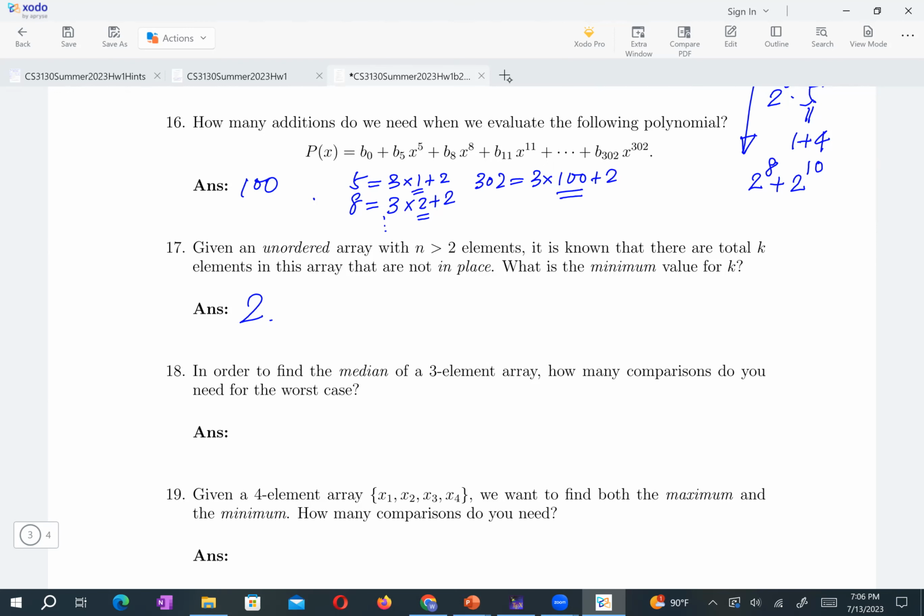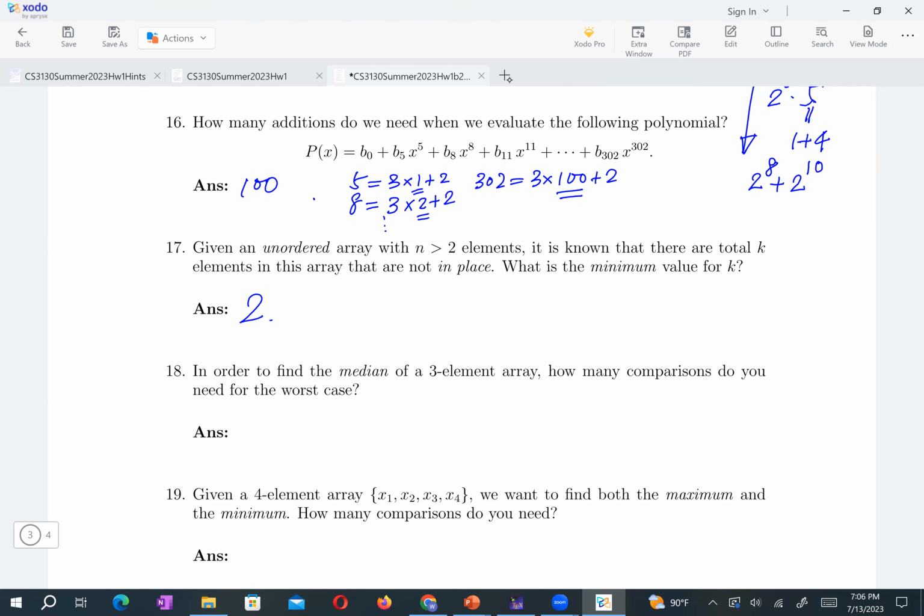They just write an example, then count how many elements are not in place, then use that counting number as the answer. So that student counts 3 in that example. But your example may not be the best. We want to find the best one.